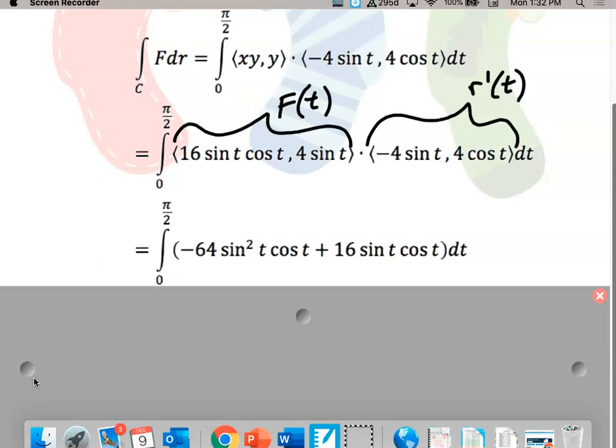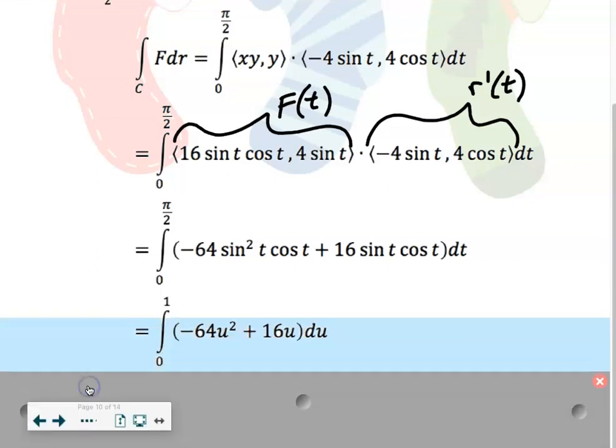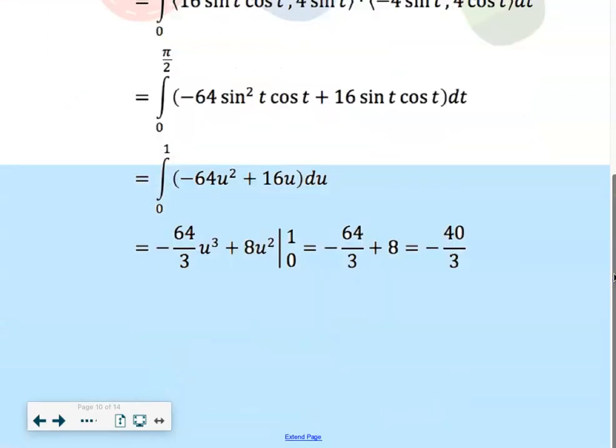So you end up with just the integral of negative 64 u squared plus 16 u du, right? And then you just back up into it. And you change your limits. And I got negative 40 over 3. How did you do? That's what you got? Good.